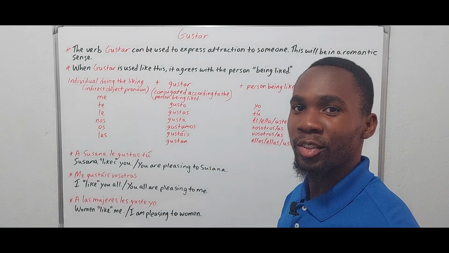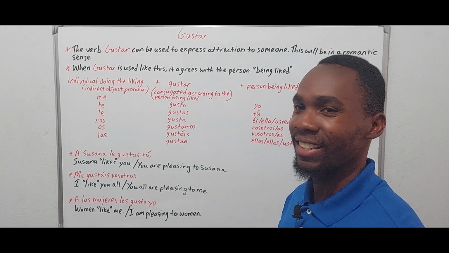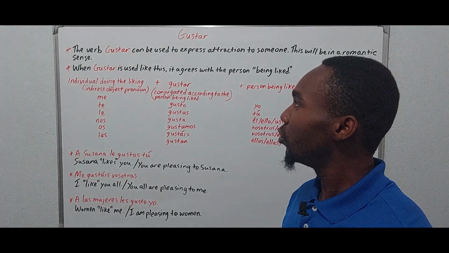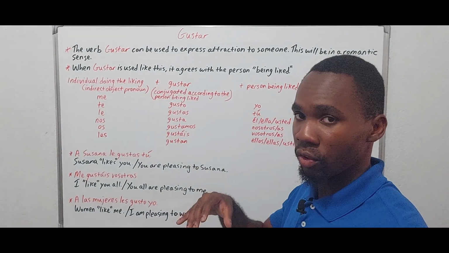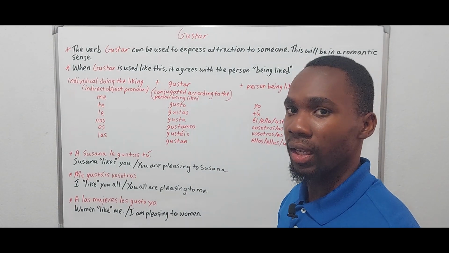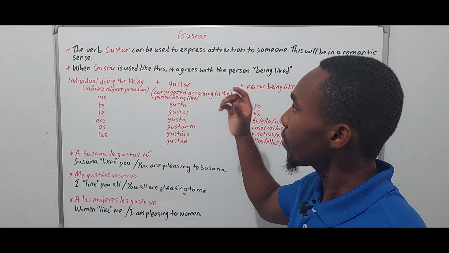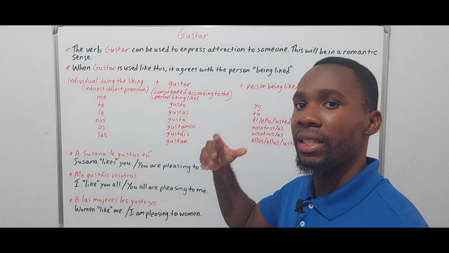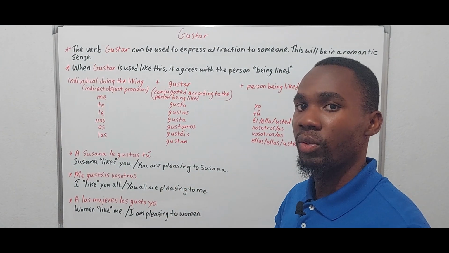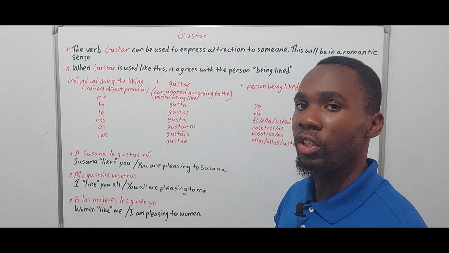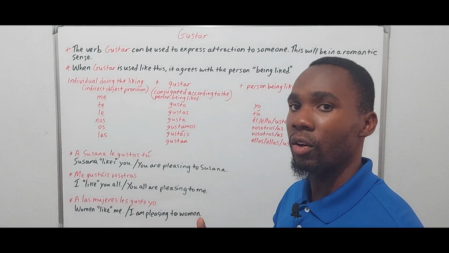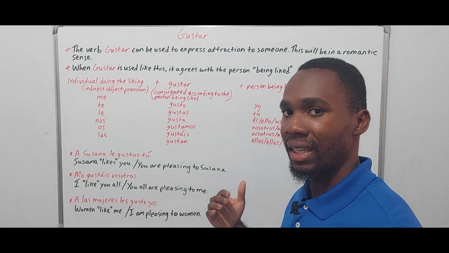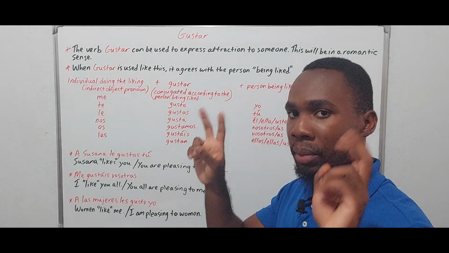Now we can switch to English. So if you saw my previous video, which of course will be available in the description, we know that gustar means to be pleasing to and is conjugated differently. We usually use it in the third person singular or plural depending on what is being liked or what is pleasing.